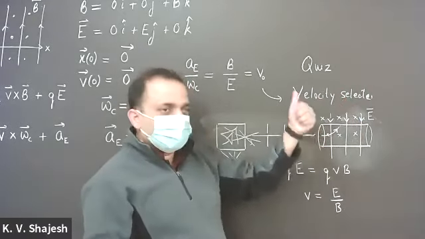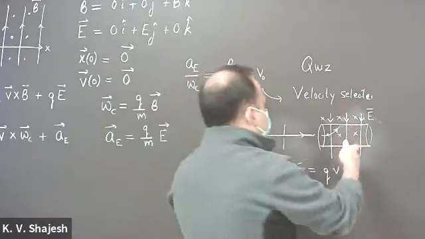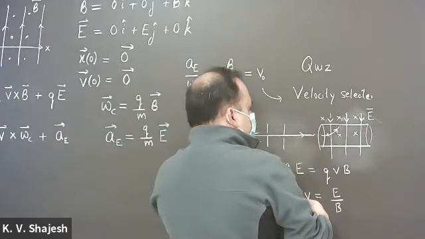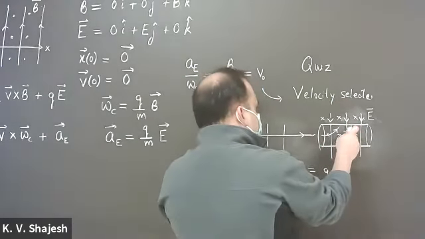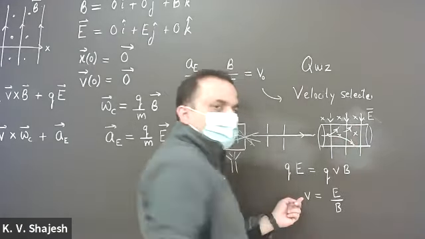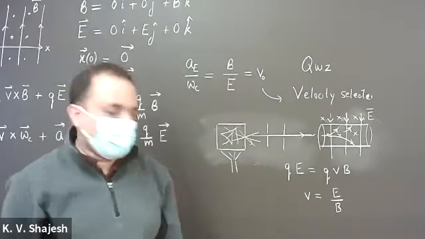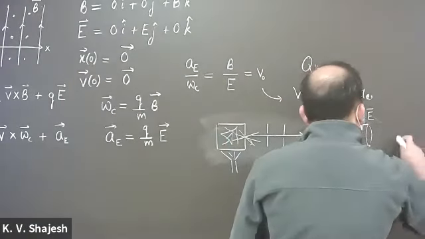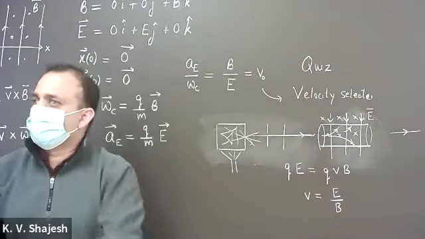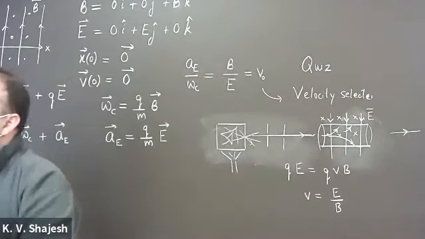If you're going faster than this velocity, the magnetic force is larger and it will go and hit up. If you're going slower, it will go and hit down. Either way, you get selected, and if it is long enough, the beam that comes out on the right has a pure velocity. That's called a velocity selector.